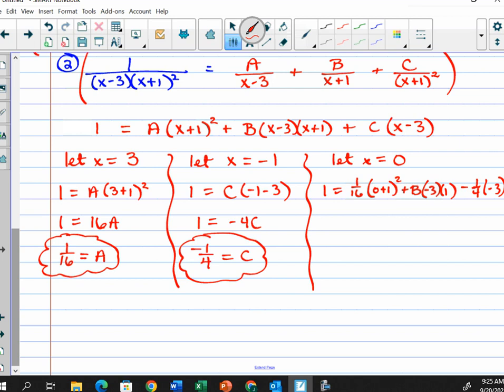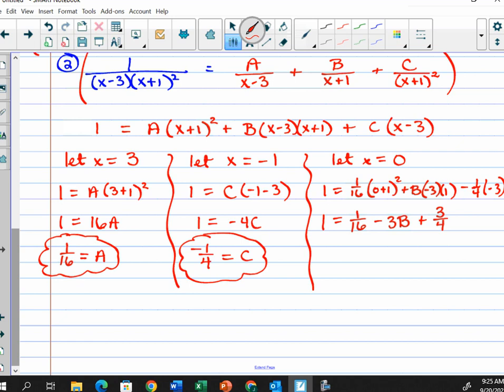Okay. 1 equals 1/16, and then it'd be minus 3b plus 3/4. Now, 2 choices here. You can add your 1/16 and 3/4 first. You could subtract 1 over to the other side if you wanted.